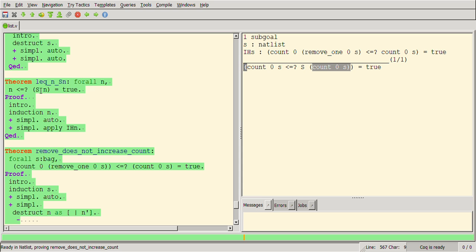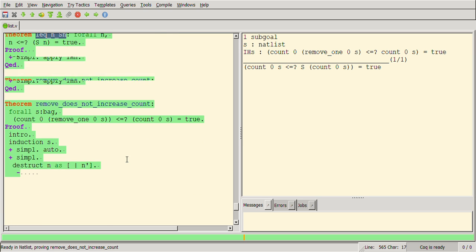For all n means n can be 0, n can be 1, 2, 3, 4, or it can be an expression like this of type nat, and count 0 s is also a nat. Okay, so we can rewrite this theorem here, and this would give us true for this expression till here.